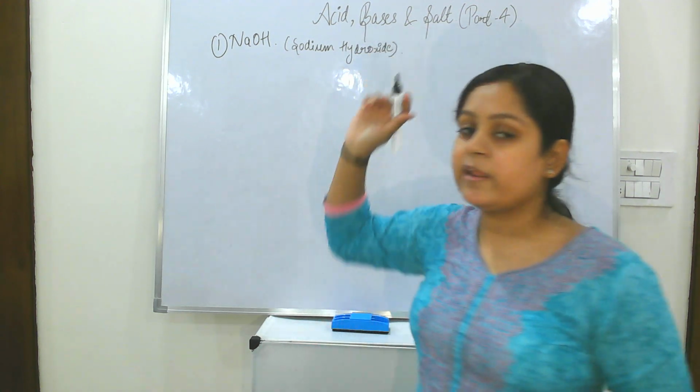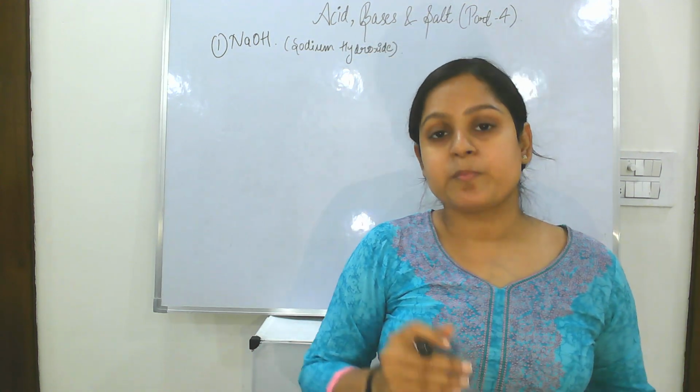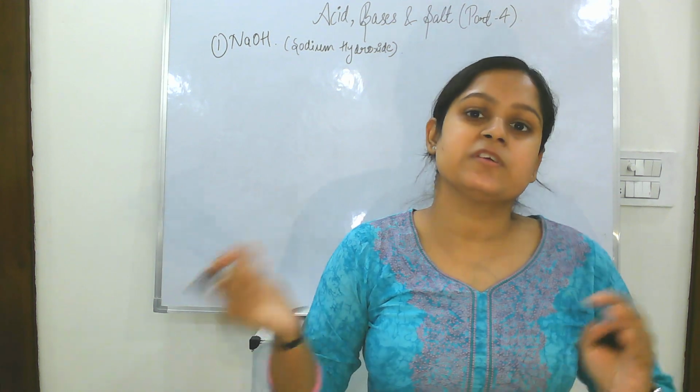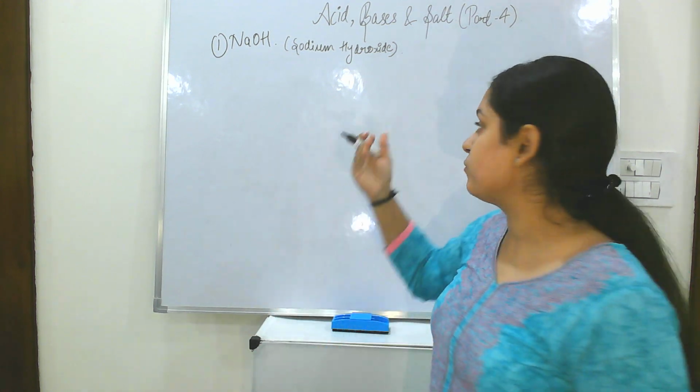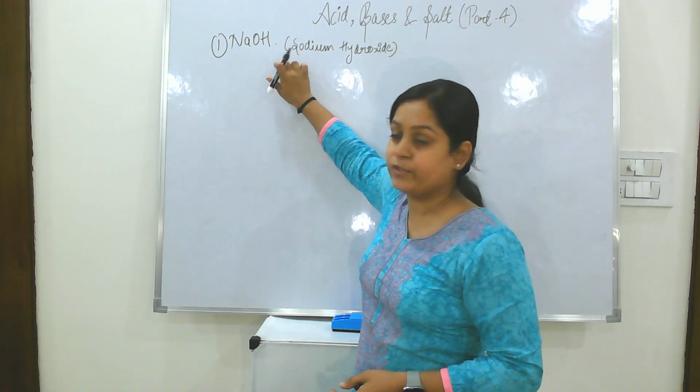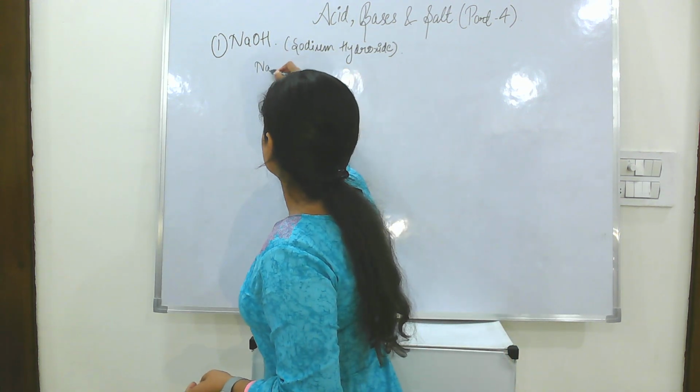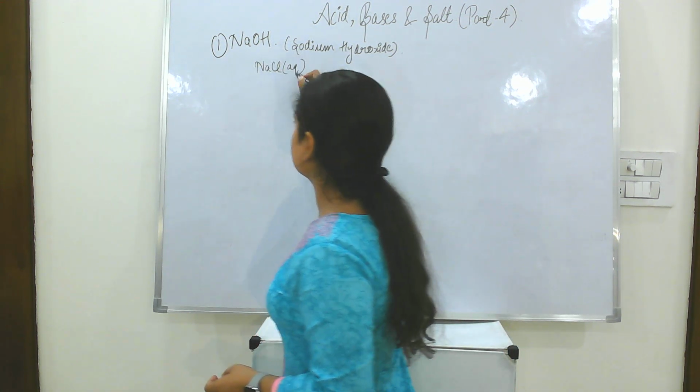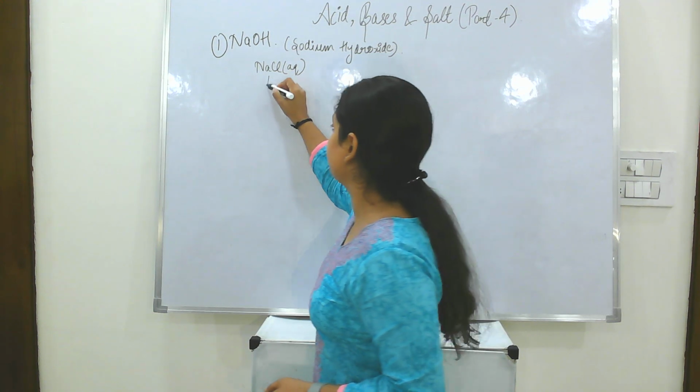So when NaCl, that is the common salt, is passed through water, or electrolysis of NaCl is done, it will give you NaOH. NaCl in aqueous form is known as brine, B-R-I-N-E.